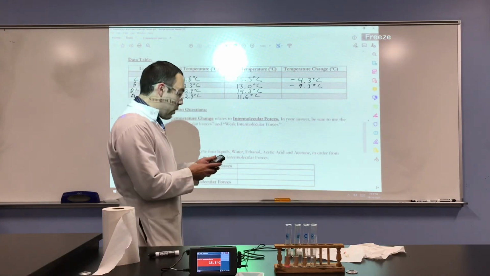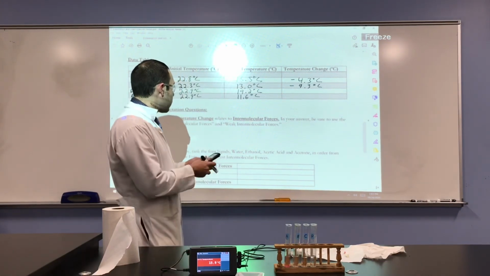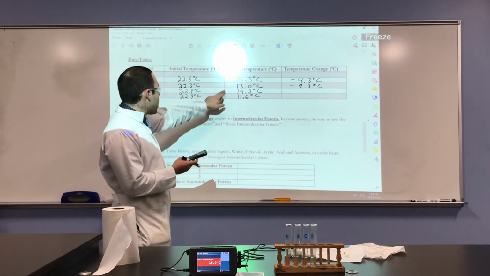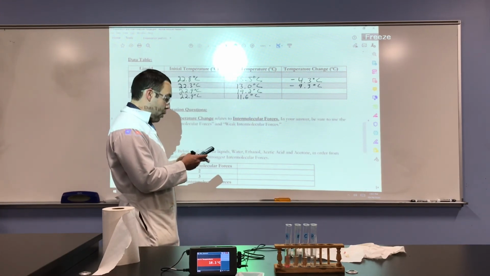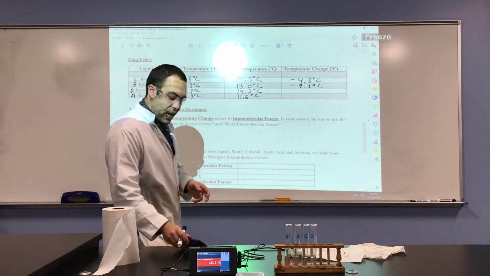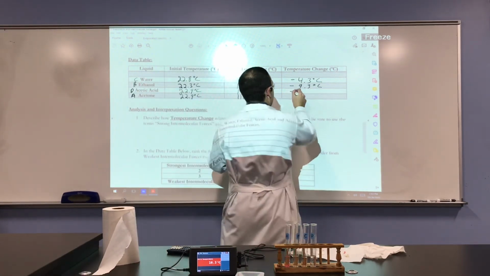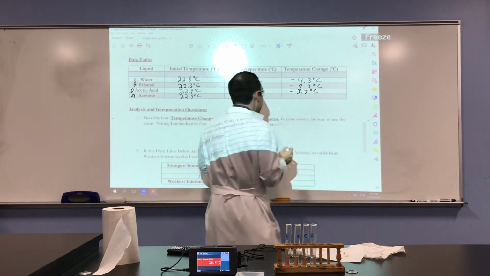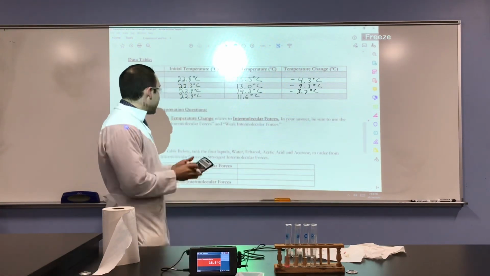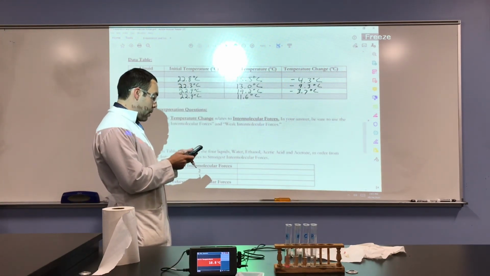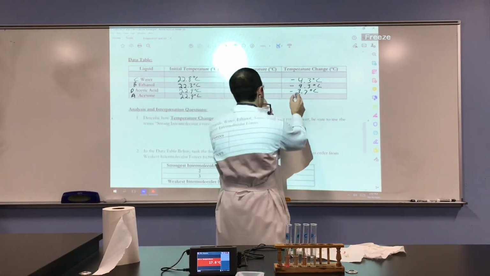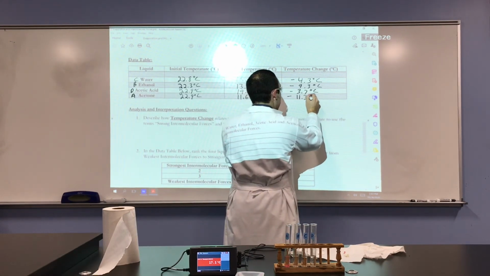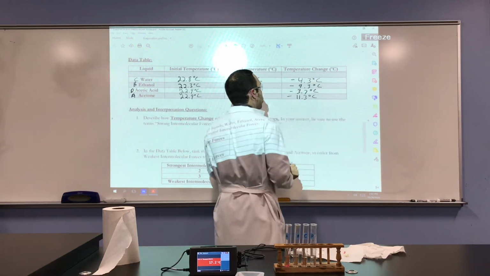Let's do our final calculations. So we have final minus initial for ethanol, 19.2 minus 22.9 is negative 3.7 degrees Celsius. And finally, 11.6 minus 22.9, that's going to give us a negative 11.3 degrees Celsius temperature change.